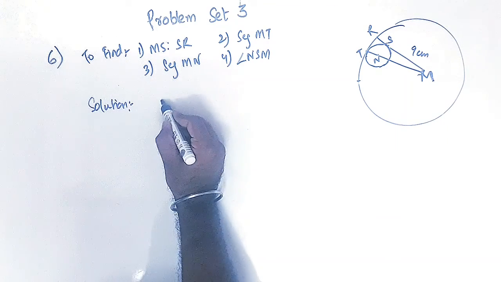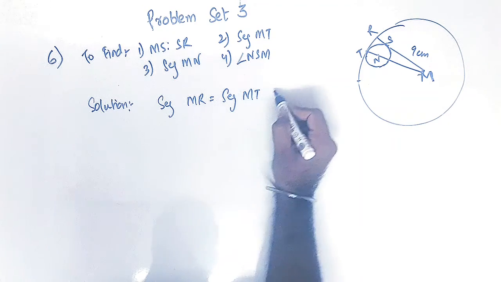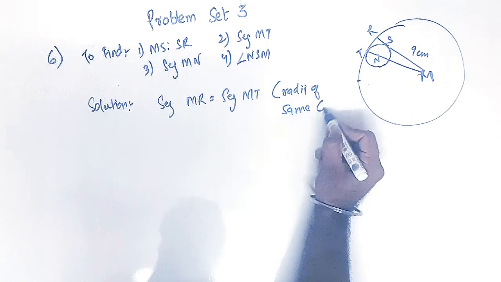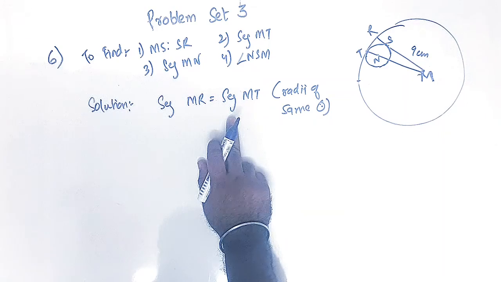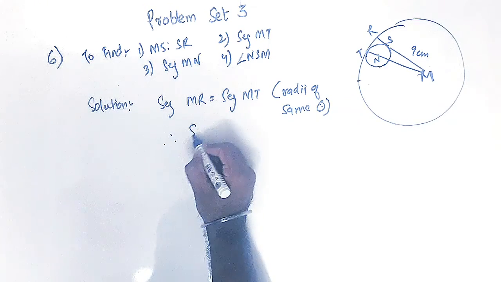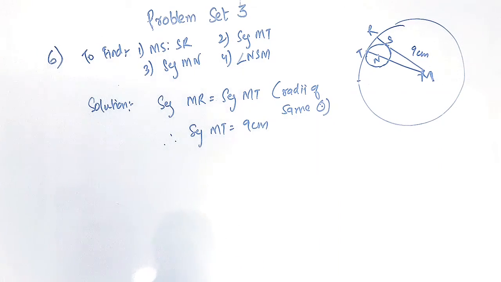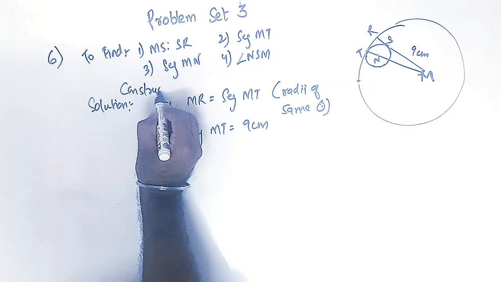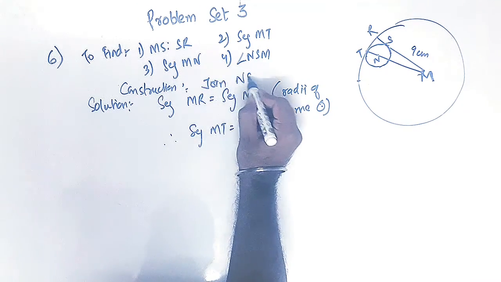If seg MR is 9 centimeter, so seg MT will also be 9 centimeter because they are radii of the same circle. MR and MT, they are equal. Therefore seg MT is 9 centimeter. Then we have to find seg MN. I'll just write a very important construction here. We have to join NS.